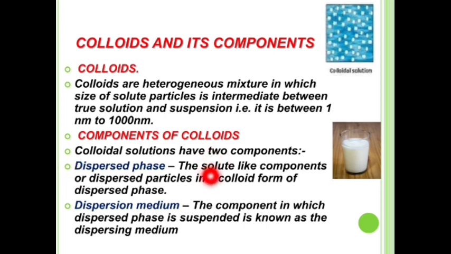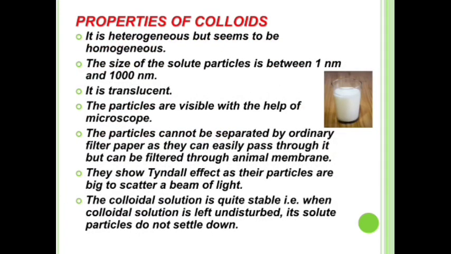Solute-like components or dispersed particles in a colloid form the dispersed phase. The dispersion medium is the component similar to the solvent. It is the component in which the dispersed phase is suspended.